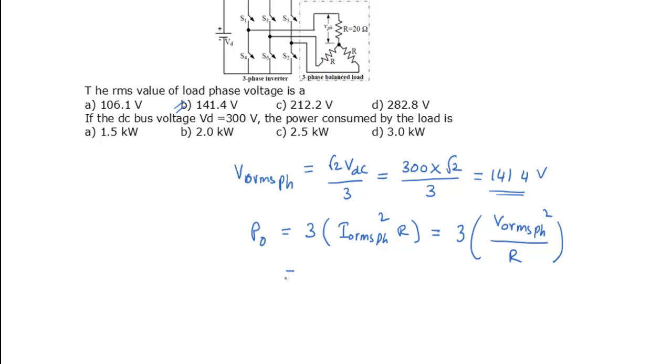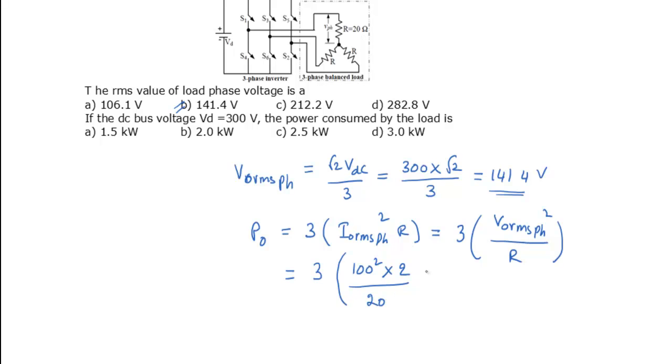So you can substitute things. 3 into the RMS value, 100 into root 2, that is 100 square into root 2 square, which is nothing but 2, divided by the resistance given here as 20 ohm.